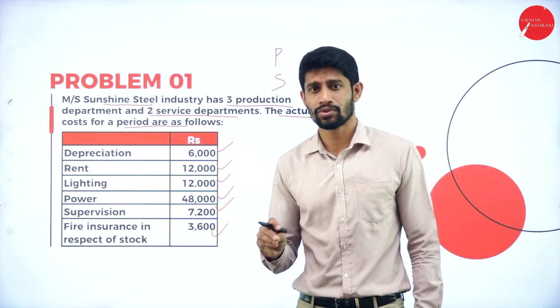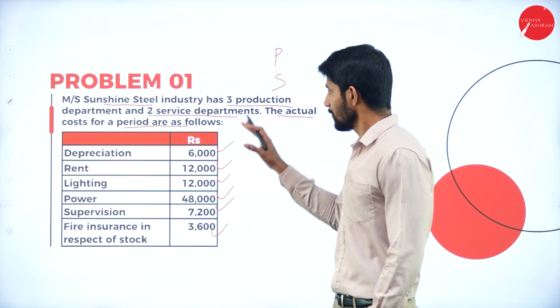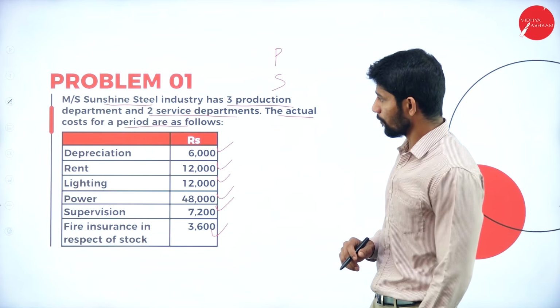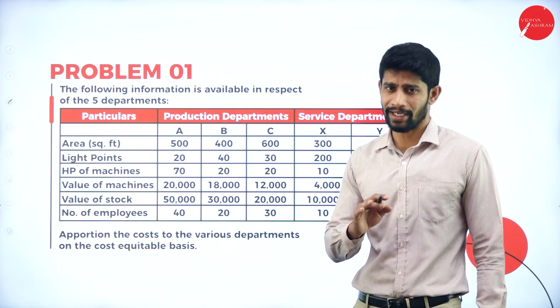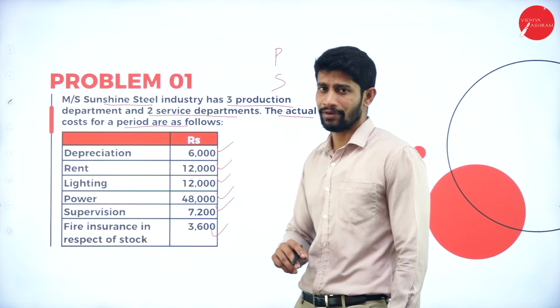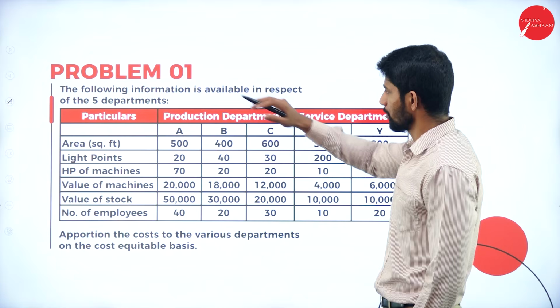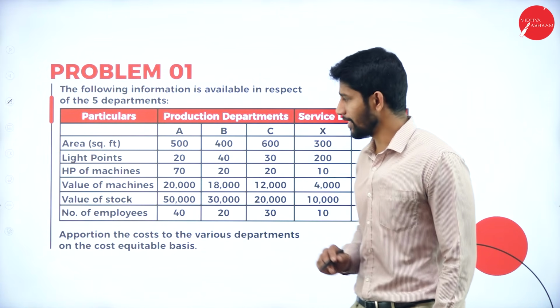So we are supposed to allocate the expenditure based upon the department. Further, the following information is available in respect of 5 departments. Here you can see the information with respect to the 5 departments. For example, area is given.